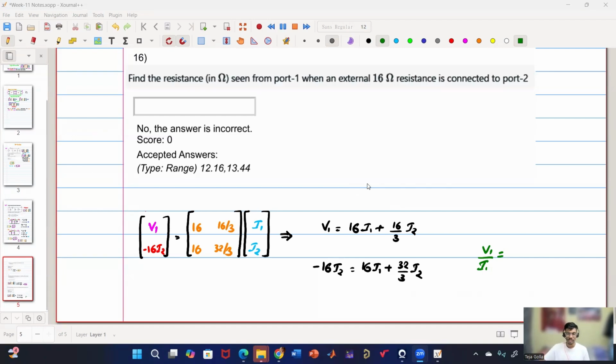Solve the second equation, get I2 in terms of I1, substitute it in the first equation, and let me know V1 by I1. Don't make any mistakes.